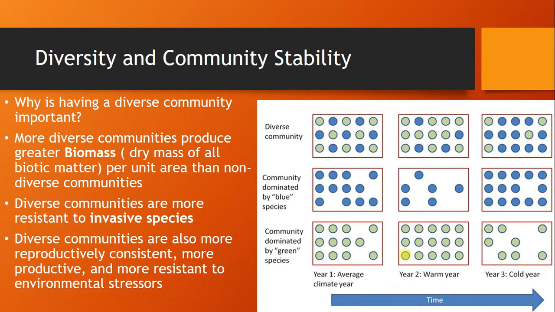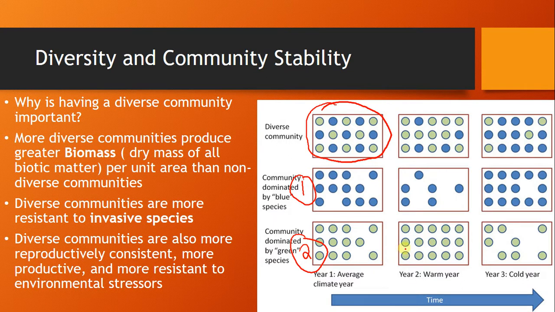So, for example, here we have 3 different communities, one much more diverse than the other 2. And we can see that the community 1 has a high density of, let's say, blue species that do well in colder years, and one that has a high population of green species that do well in warmer years.